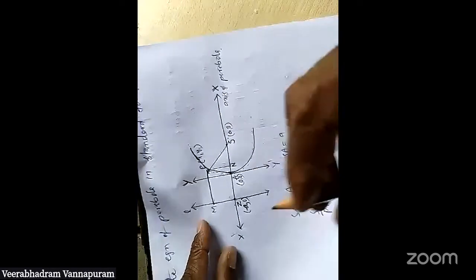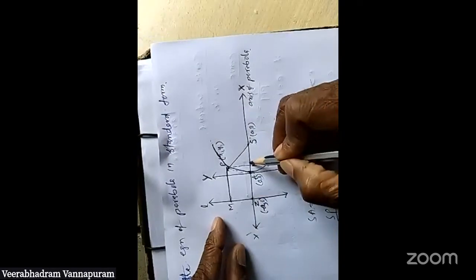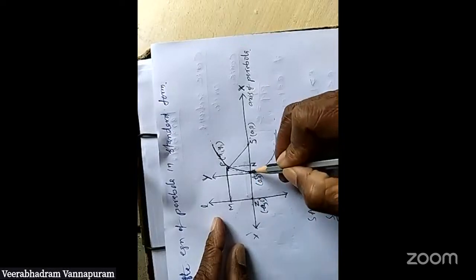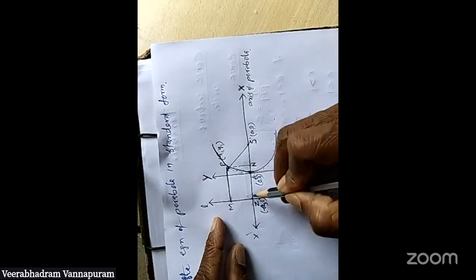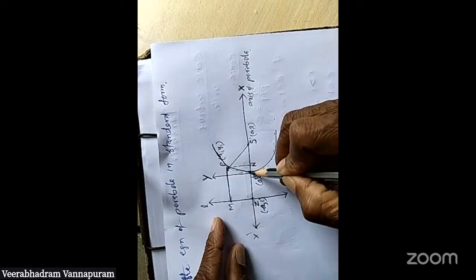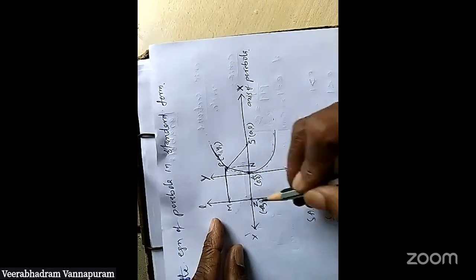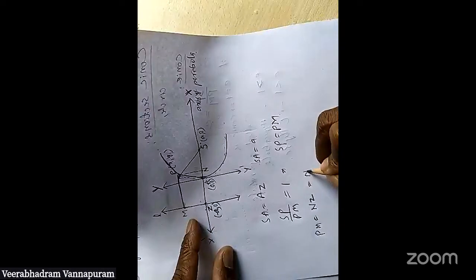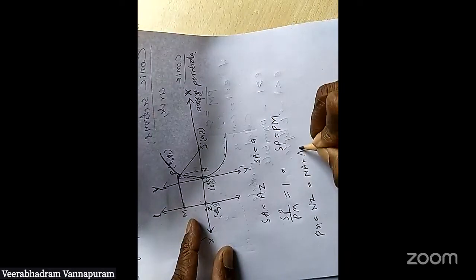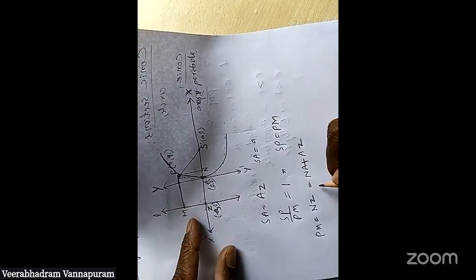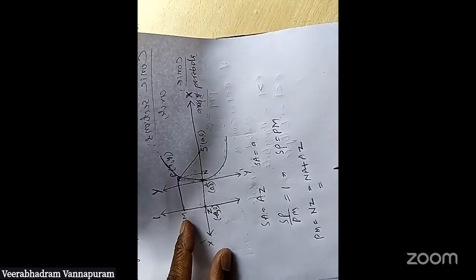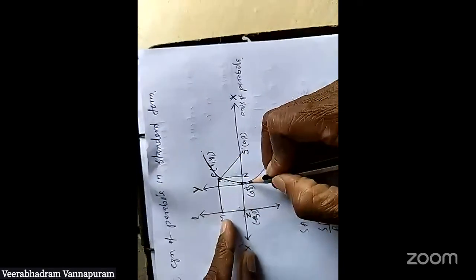So NZ is equal to NA plus AZ. NA, what is the length?